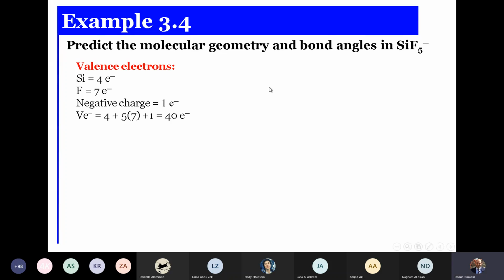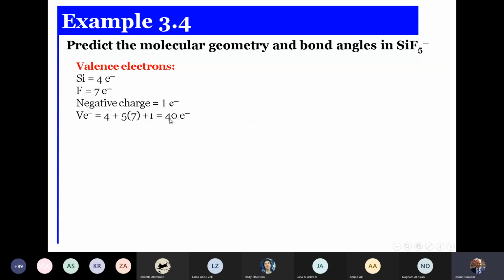What are the valence electrons? Silicon, 4 electrons. F, 7 electrons. And we have minus, pay attention, 1 electron in addition. So the total valence is equal to 4 plus 5 times 7 plus 1. So we have 40 valence electrons.